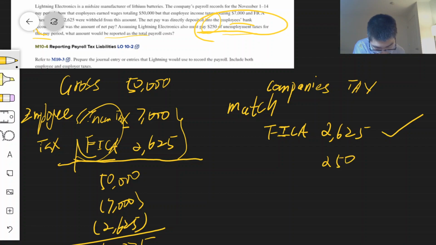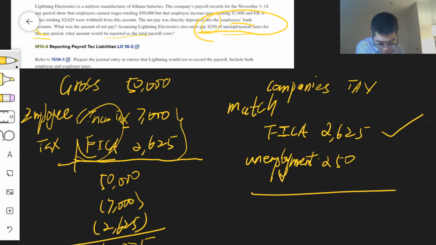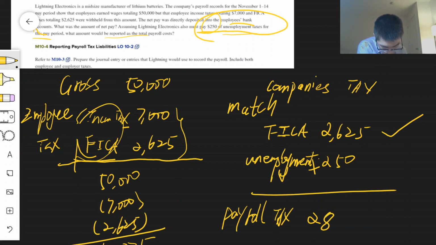Besides this amount, the company also has to pay $250 of unemployment tax. So in total, the company's payroll tax is $2,625 plus $250, and that is $2,875.